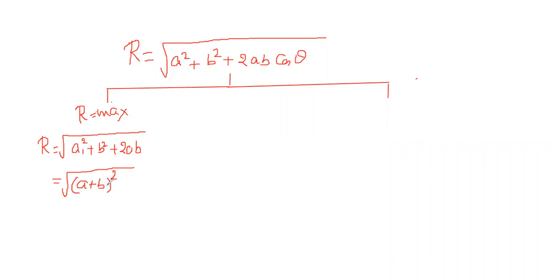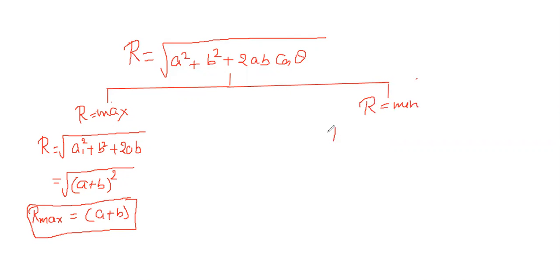So R maximum is A plus B. If we calculate R minimum, R equal to under root A square plus B square minus 2AB.